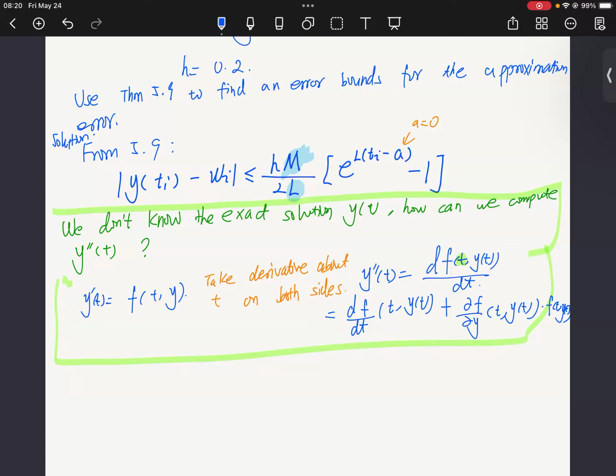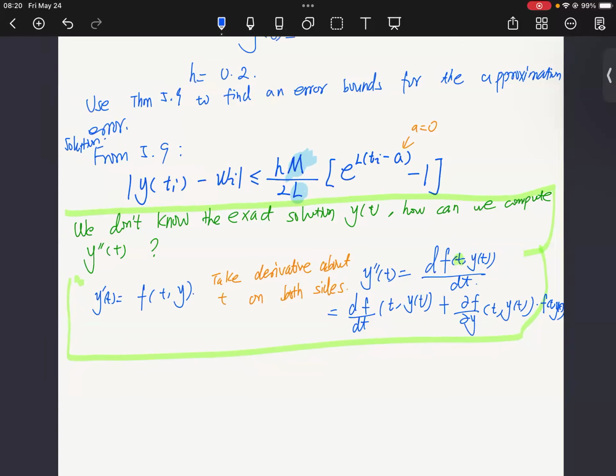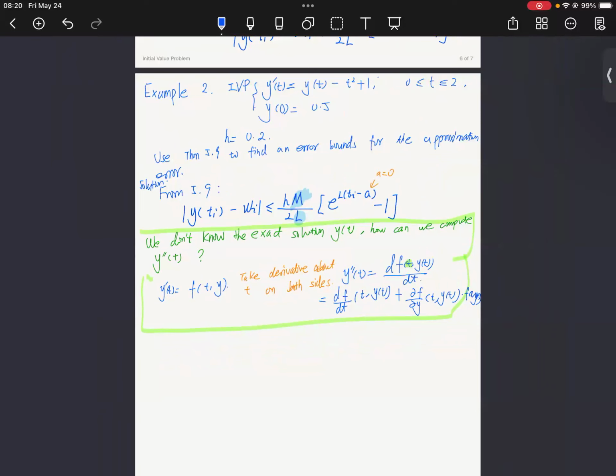The concrete example we have is the one here. If we want to calculate the second derivative, we are going to take the derivative of these equations on both sides. Hence, y''(t) equals the derivative of y(t) minus t squared plus 1, with respect to t.